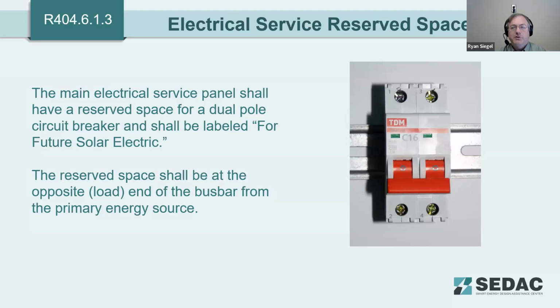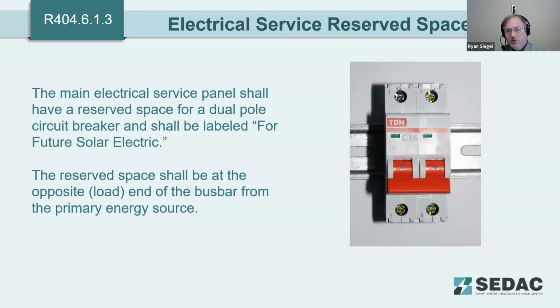Along with this, we've got reserved electric space for future solar electric. So if you don't install any of the breakers, this will be a fair number of breaker spaces for your electrical panels.